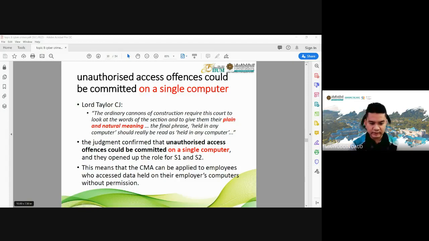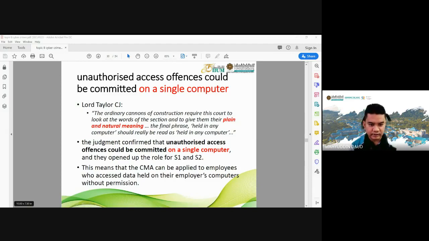It affected something. Say the simplest thing is a supermarket. You don't have the authority to use the computer. You go to the computer and then you key in something, voila, you get that thing for free, the product for free.